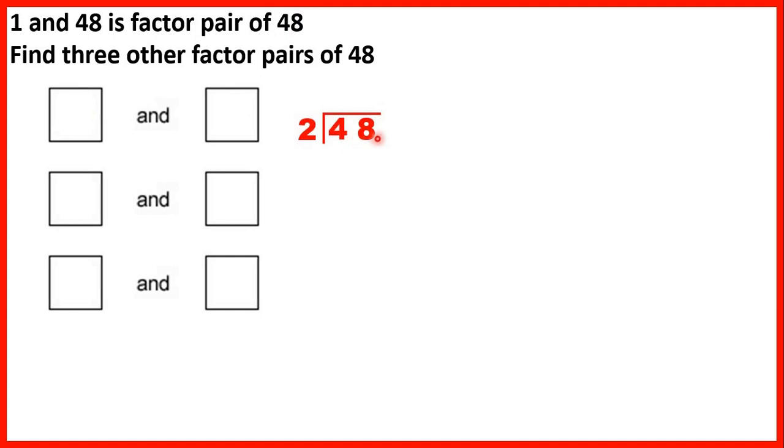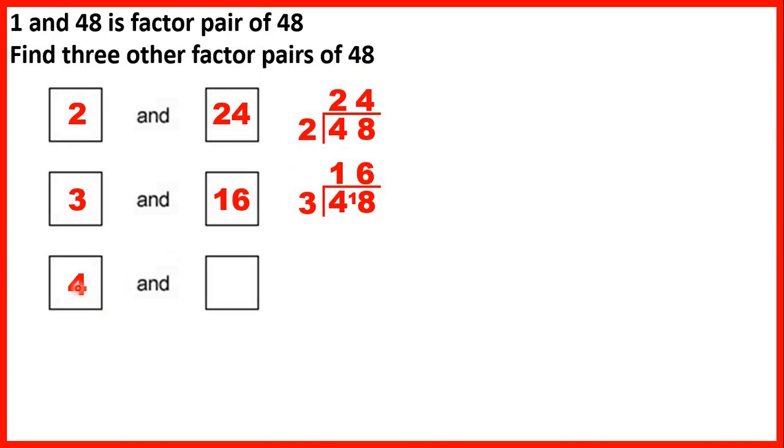Well, if we divide 48 by 2, we get 24. So that means 2 times 24 is 48. So 2 and 24 make a factor pair for the number 48. If we divide by 3, we get 16. So 3 and 16 are factors as well, because 3 times 16 is 48.